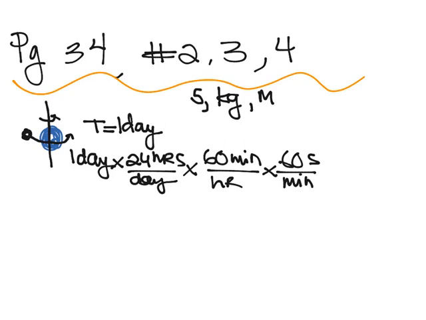And this is kind of what you did in chemistry forever. We can cancel out the days, the hours, the minutes, and we are just left with seconds. When we multiply all of this through, we find that 1 day is equal to 86,400 seconds. So that's our period.